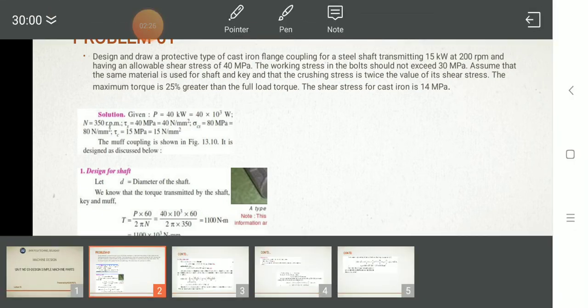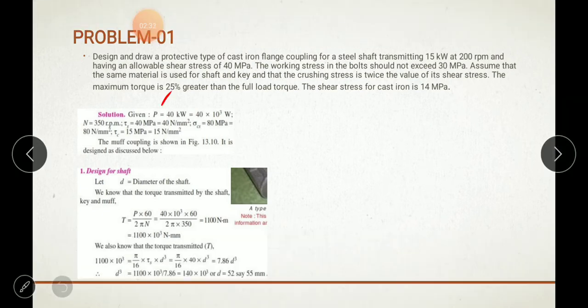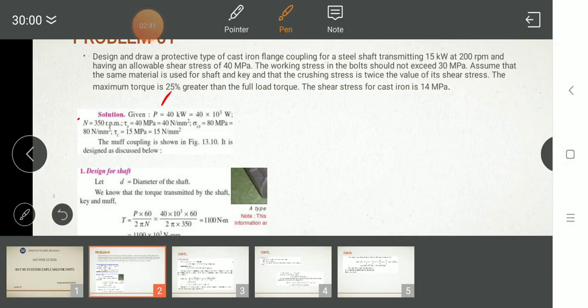Now see here what is given. P is the power given, that is 40 kilowatt. N is the speed given. Tau is the shear stress, 40. Sigma C is 80 megapascal or 80 Newton per mm square. Tau C, for the cast iron, is given as 15 megapascal.